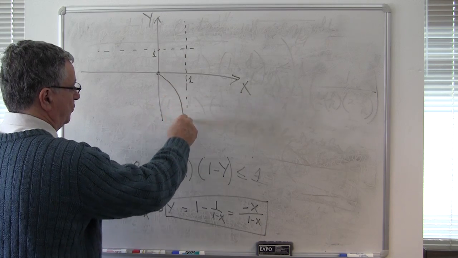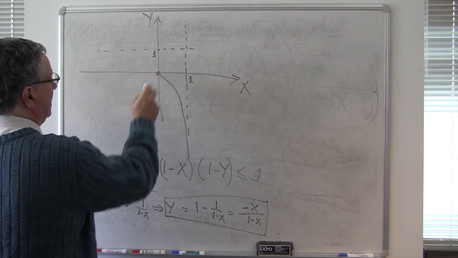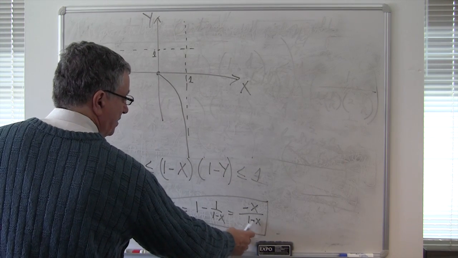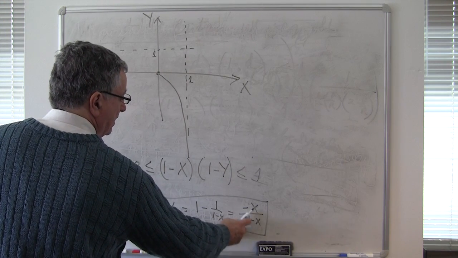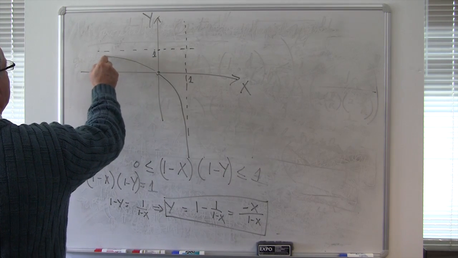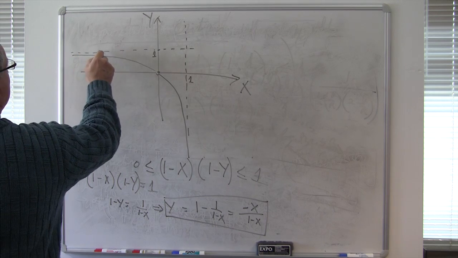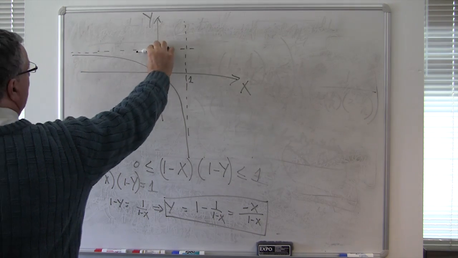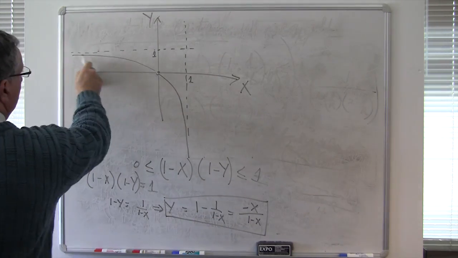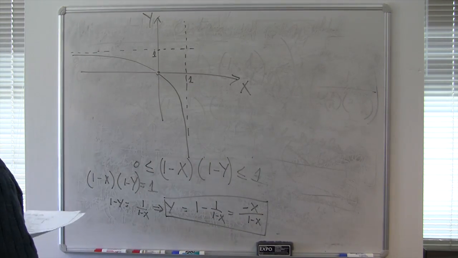So this curve will go to minus infinity like this. And when X goes to minus infinity, Y converges to 1. So this is what the curve looks like.